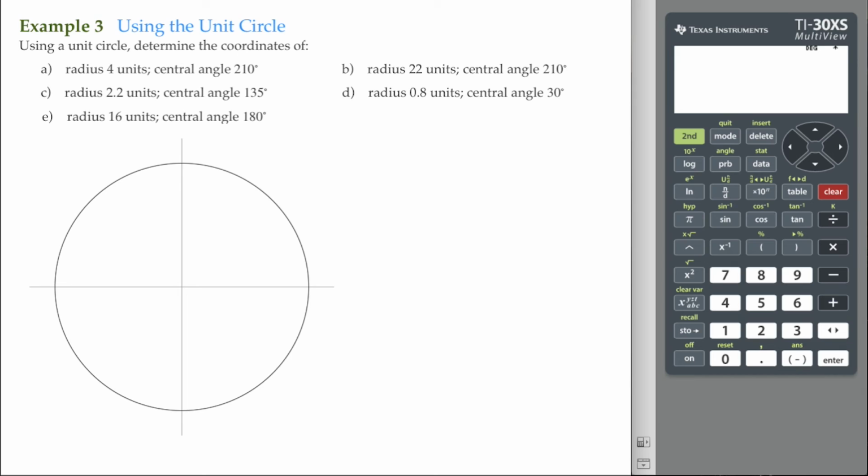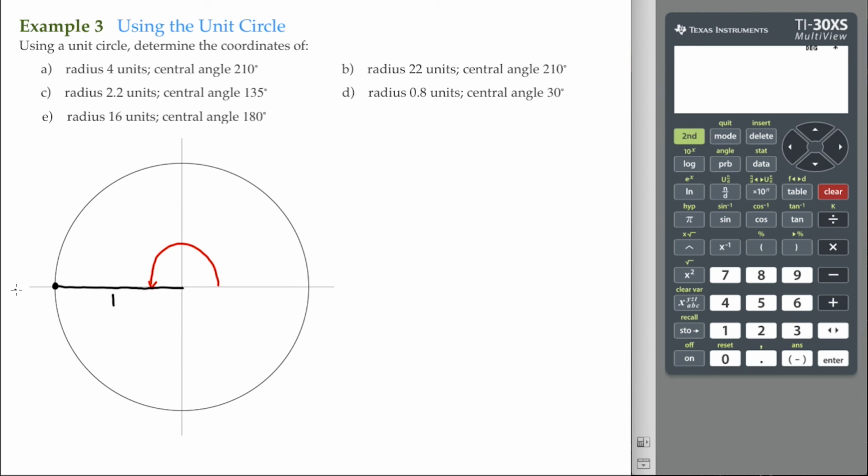We have a radius of 16 units and a central angle of 180 degrees, so it's right here. Here's your 180 degrees. So this is what we have, a measure that's right here. 180 degrees, that's a straight angle. It's just a straight line. But this is 1 unit. It's not 1 unit.